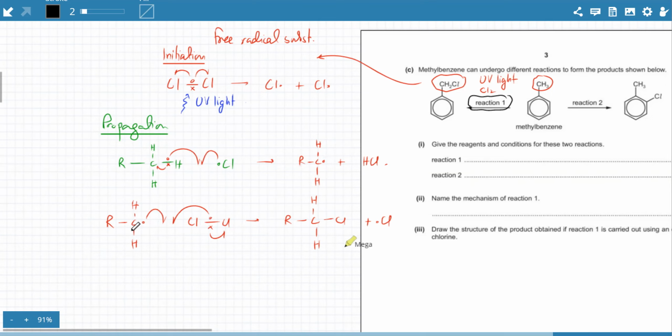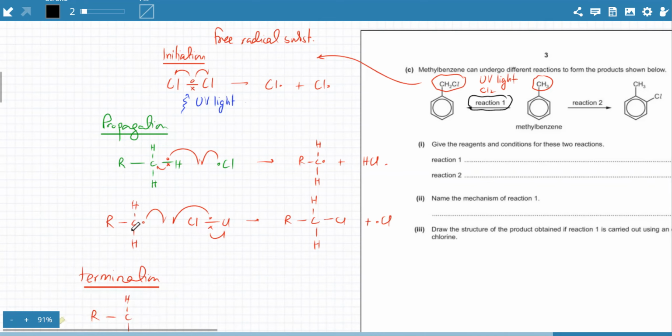Then the third step is the termination step. In termination, any two radicals simply join up.